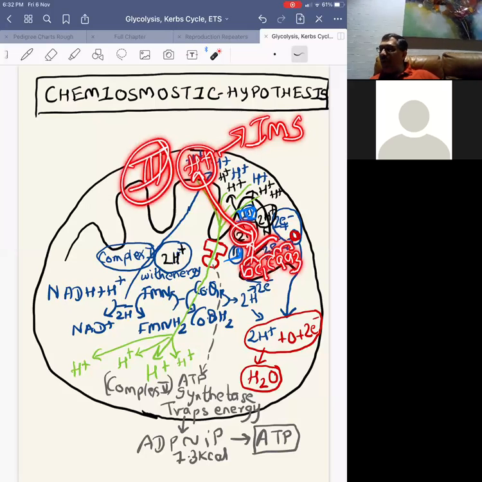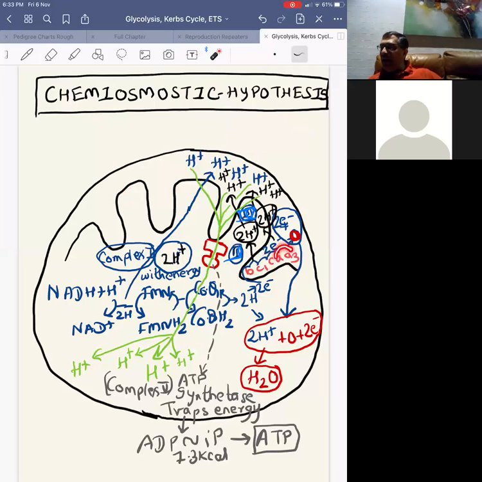And now from A to A3, if you remember, in A to A3 the electrons again liberate energy. Energy is liberated from the electron. That will again push protons into the intermembranous space.